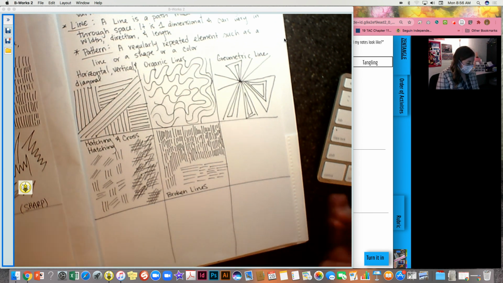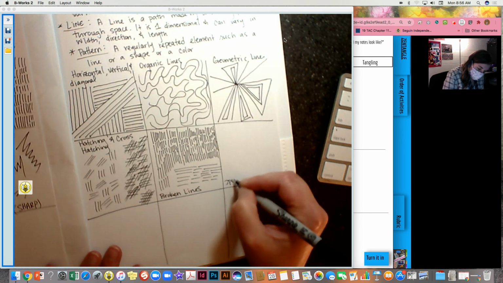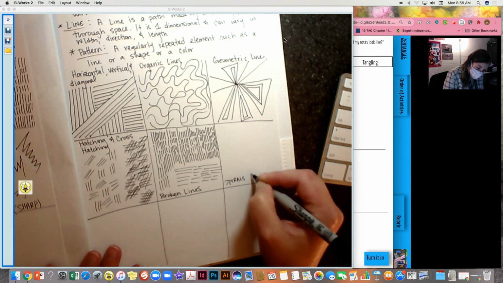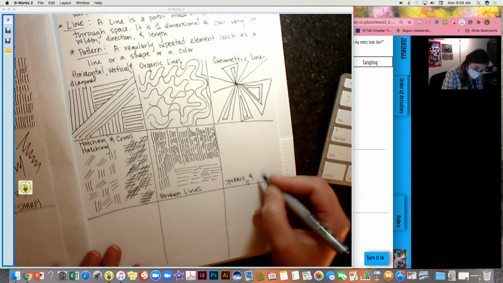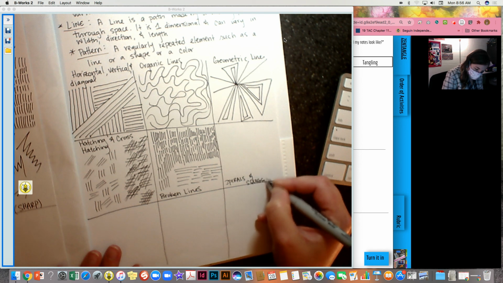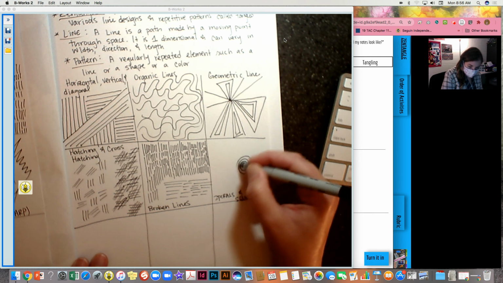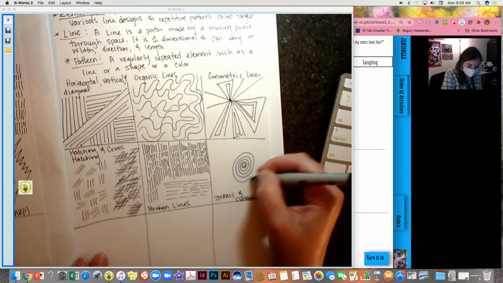Okay. Then you have spirals and squiggles. Squiggle is a fun word. So, spiral's a pretty simple line to use.